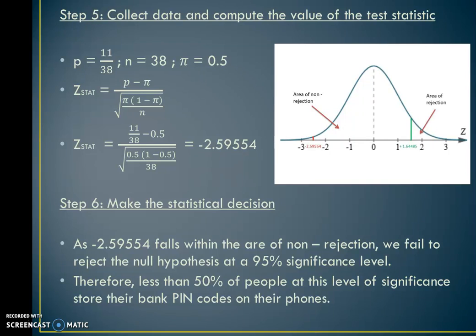We then computed our data into the z-stat formula and came out with a result of minus 2.59554. Step 6 was to make the statistical decision: as minus 2.59554 falls within the range of non-rejection, we fail to reject the null hypothesis at a 95% significance level. Therefore, less than 50% of people at this level of significance store their bank PIN codes on their phones.